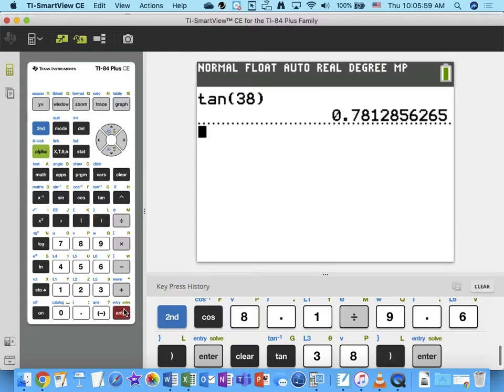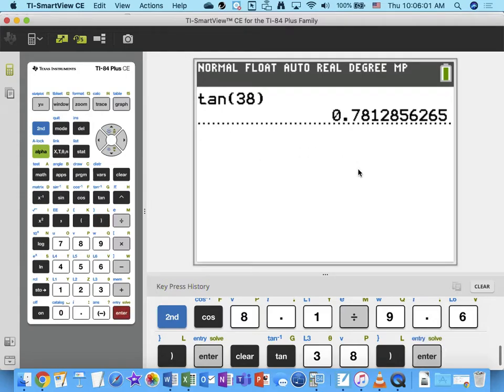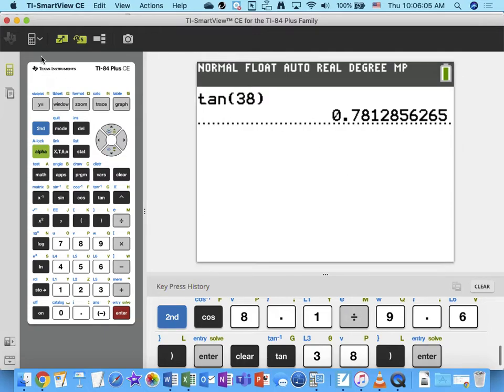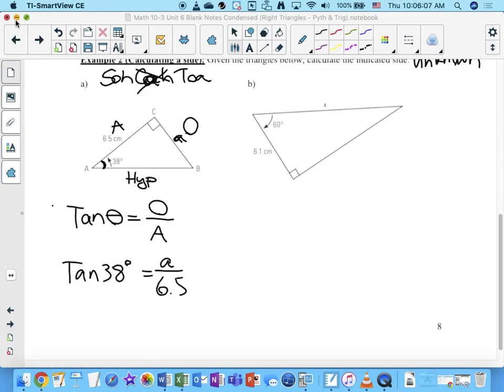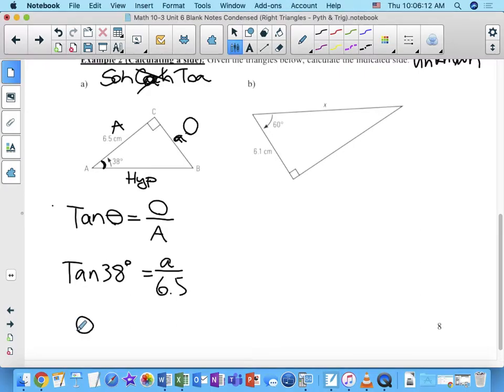And we get 0.78. So the tangent of 38 degrees is equal to 0.78. So I'm going to replace tangent of 38 with 0.78. And that is equal to A over 6.5.